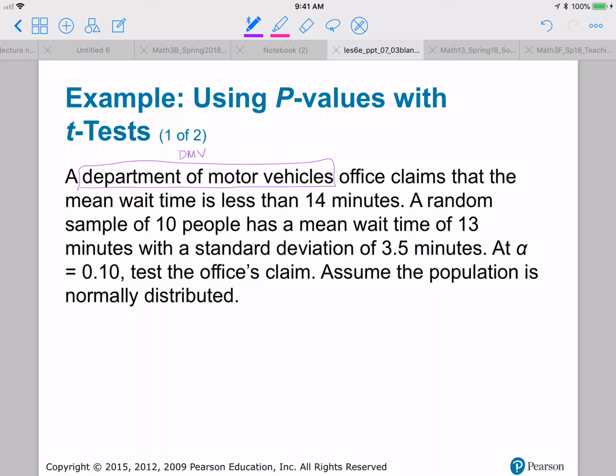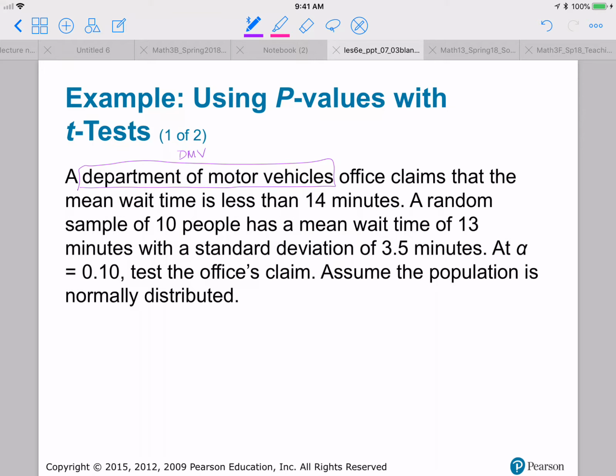A random sample of 10 people has a mean wait time of 13 minutes and a standard deviation of 3.5 minutes. At alpha equals 10%, test the office's claim. Assume the population is normally distributed.